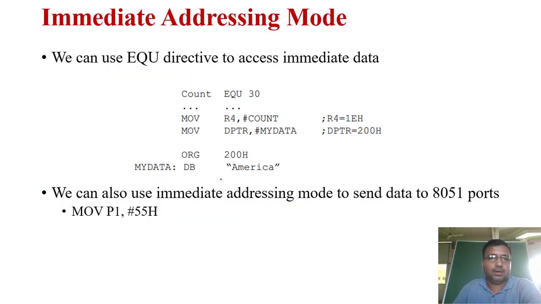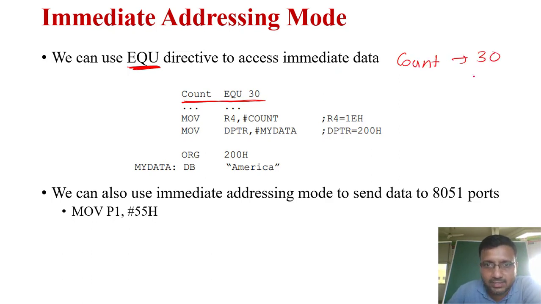Here again we can use the equate directive. In the previous lecture we learned about this equate directive. There are directives available in the microcontroller. Here I can equate COUNT to 30. This instruction will equate this count. One memory block is allocated, it is named count, and the value loaded is 30.